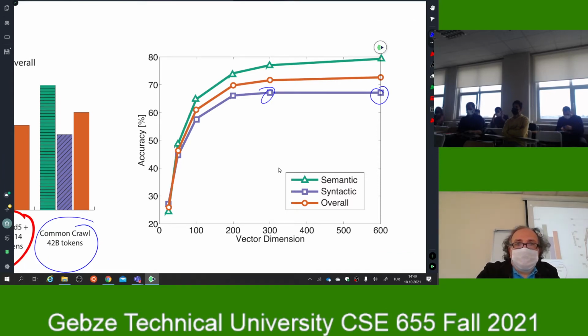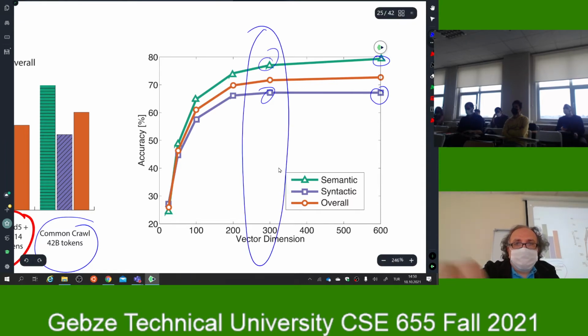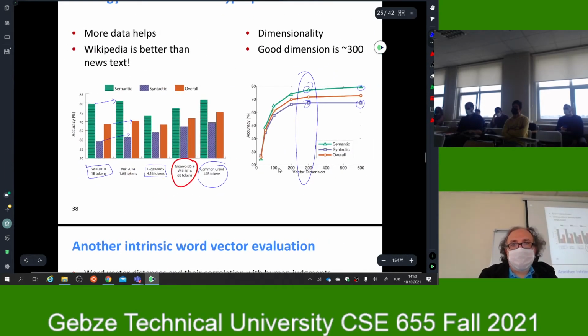There is a marginal difference in terms of semantic, but overall it looks like 300 is the sweet spot. Otherwise, the accuracy that I'm gaining by adding more dimensions is not worth the efficiency issues.